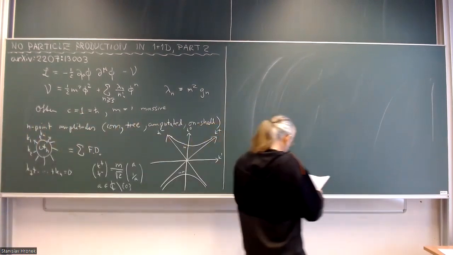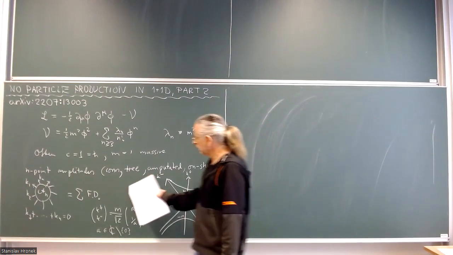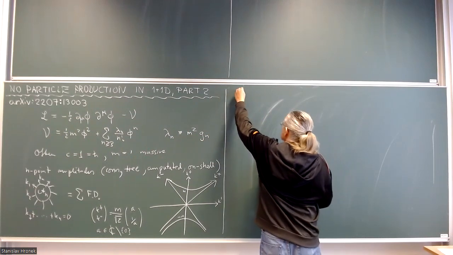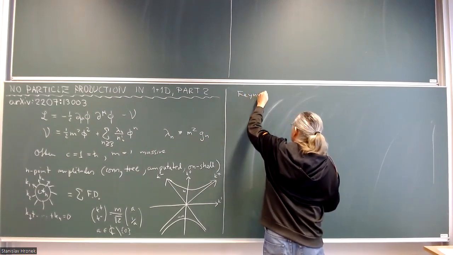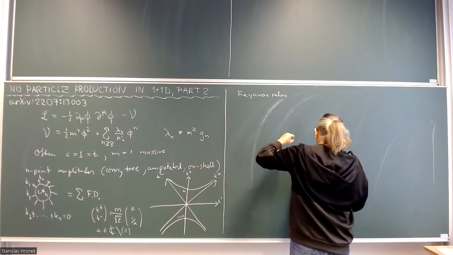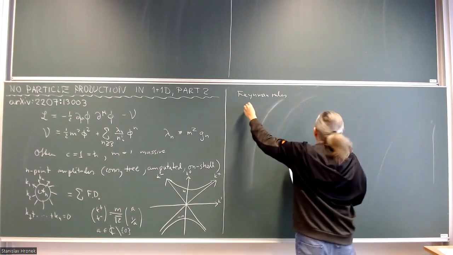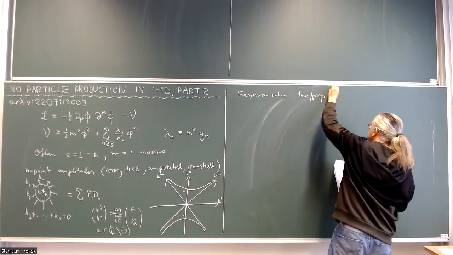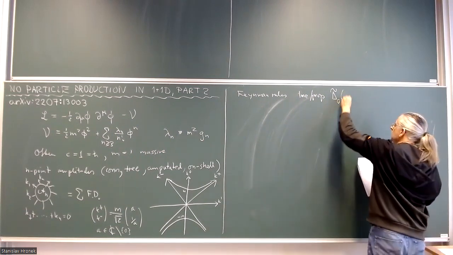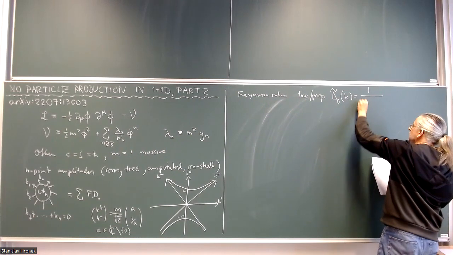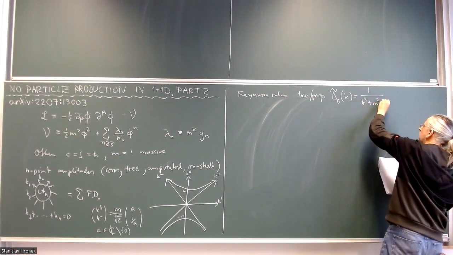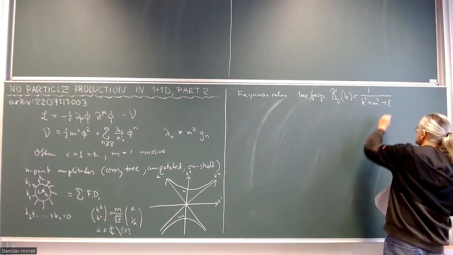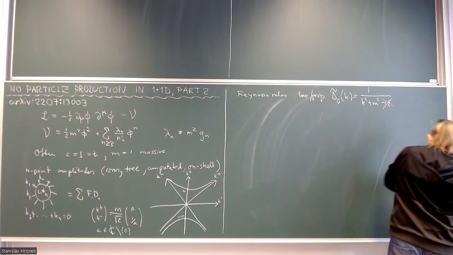And furthermore, maybe I should also say that the way we found these Feynman diagram rules was that we had some Feynman rules. Basically, the propagator for the lines in momentum space was given by 1 over k squared plus m squared minus i epsilon. This regularization i epsilon we will not talk so much about.